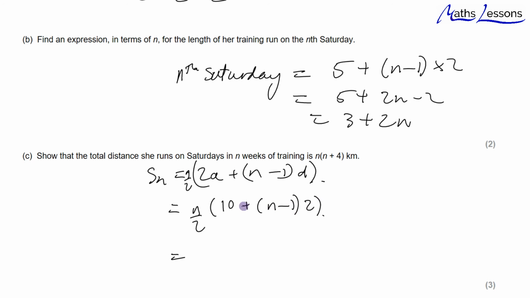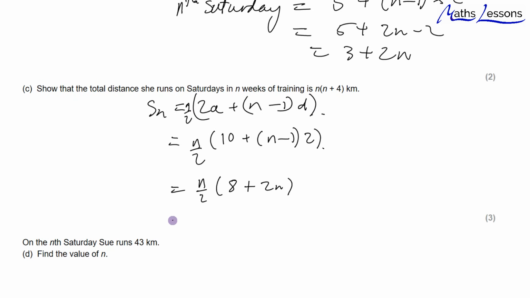And then that's going to give us n over 2 times 8 plus 2n, and we take out a factor of 2. And we can see the 2's cancel to leave us n open brackets 4 plus n, or as they've written, n open brackets n plus 4.